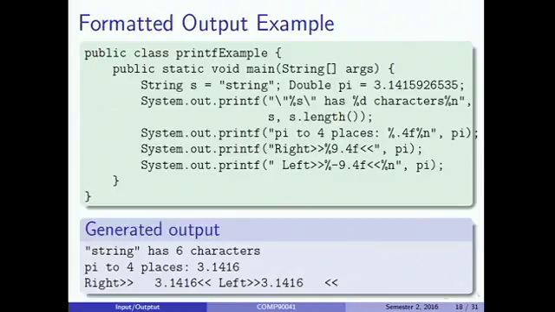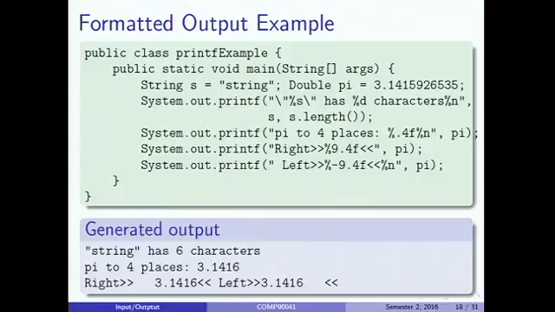And now here's s, so that's the string, and s.length, that's the %d. And then I'll print out pi to 4 places is %.4f, %n, and I'll print out pi.